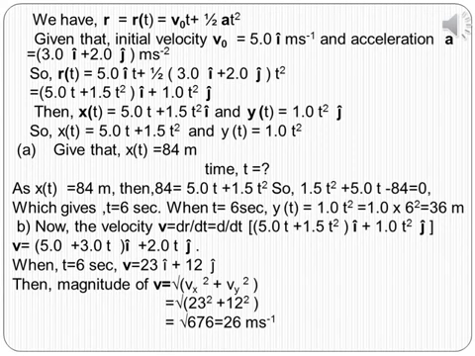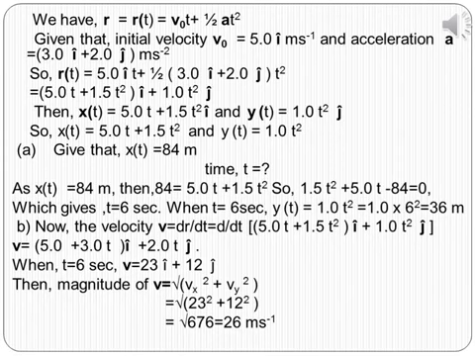So r(t) is equal to 5 i cap t plus 1 by 2 into 3 i cap plus 2 j cap t square, which is equal to (5t plus 1.5 t square) i cap plus 1.0 t square j cap, which is in the form of x i cap plus y j cap.